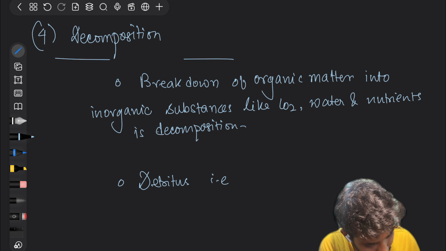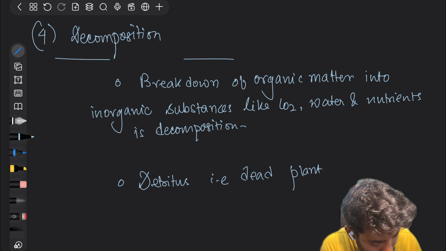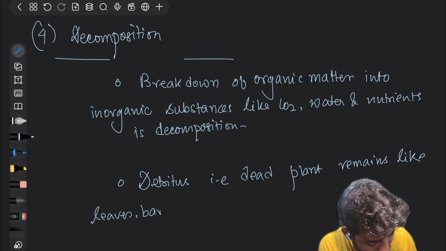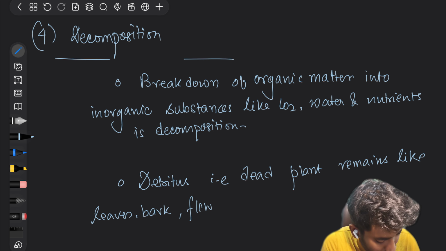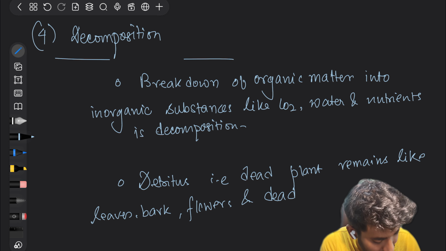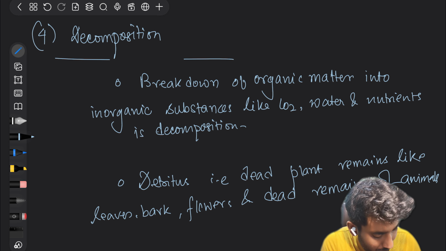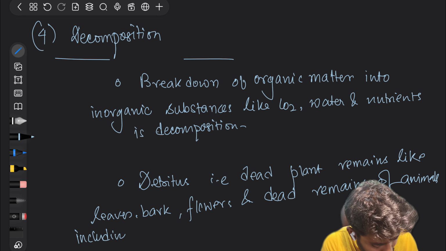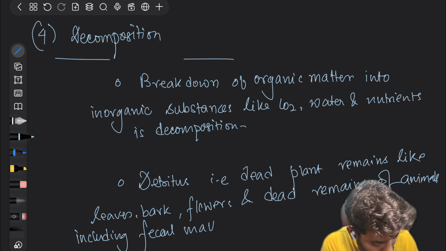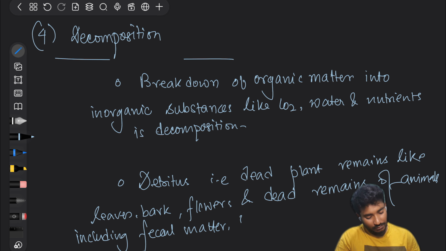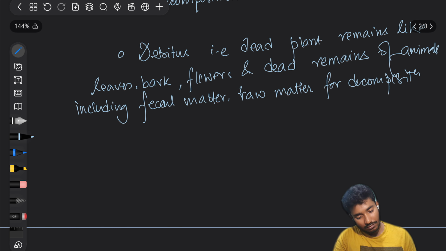Detritus, that is dead plant remains like leaves, bark, flowers, and dead remains of animals, including fecal matter, is the raw material for decomposition.